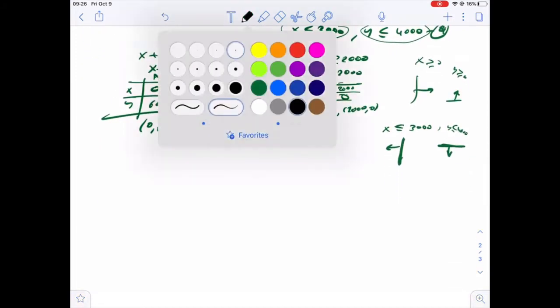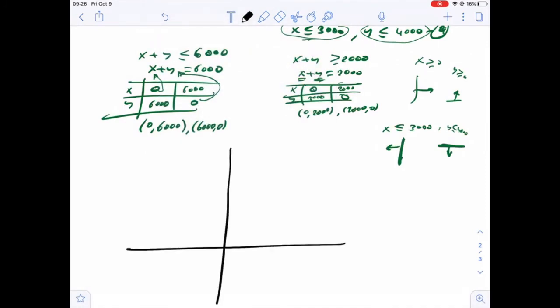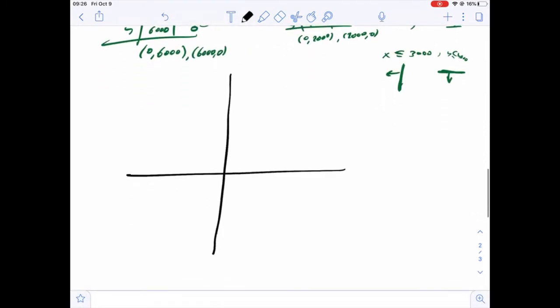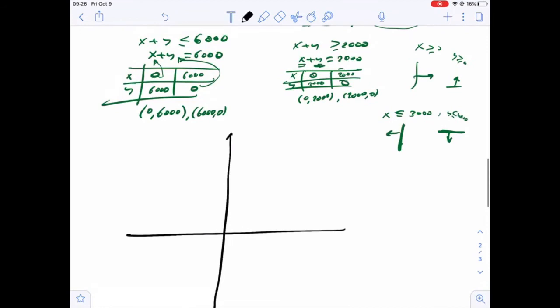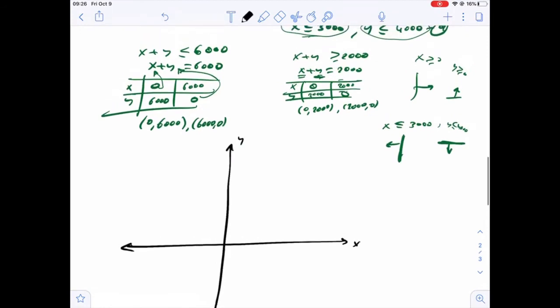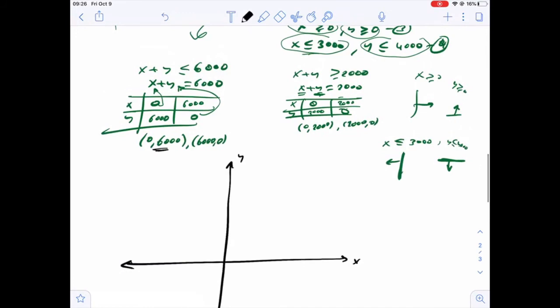Now let's graph the feasible solution region. Here we have y, here we have the x axis. Now let's start with the first points, 0 and 6,000. Let's say it's here, 0 and 6,000. And we have 6,000 and 0, let's say it's here.